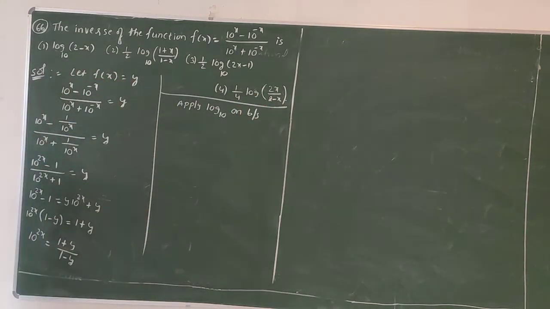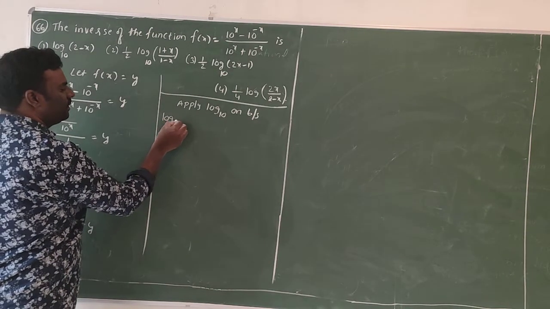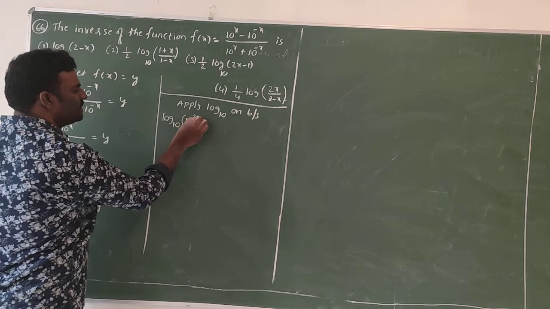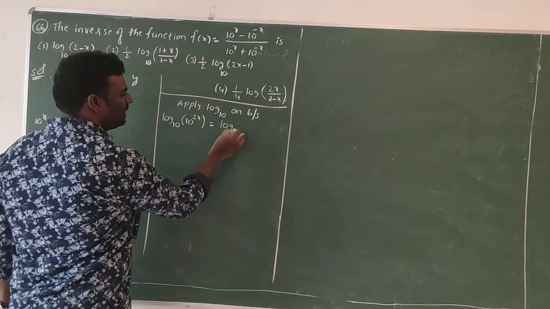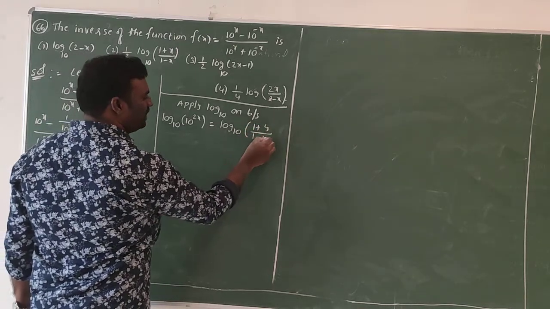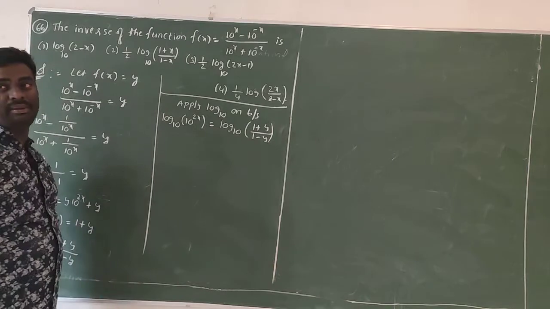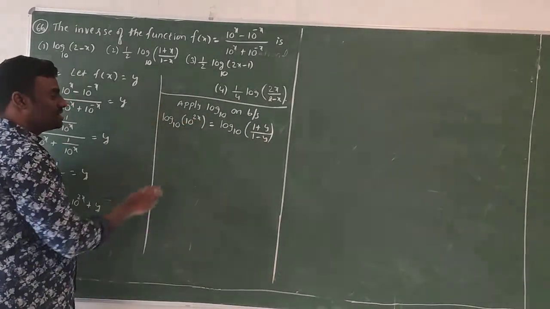First you apply the logarithm for the LHS. Log base 10 of 10 power 2x equals log base 10 of 1 plus y by 1 minus y. Already we discussed in logarithms, the value which is present in the power, that value comes first.